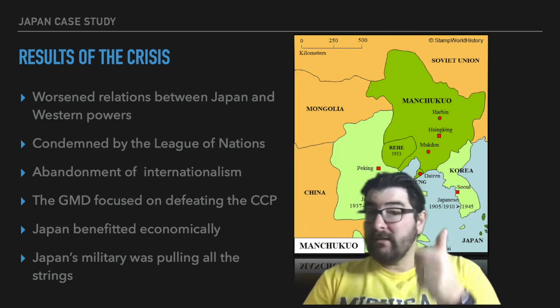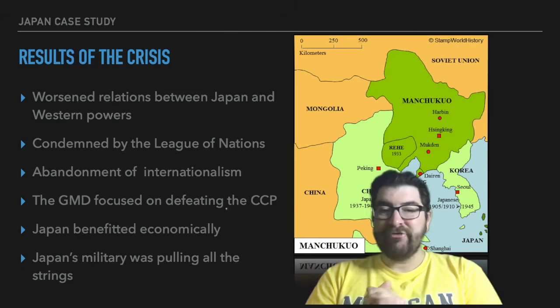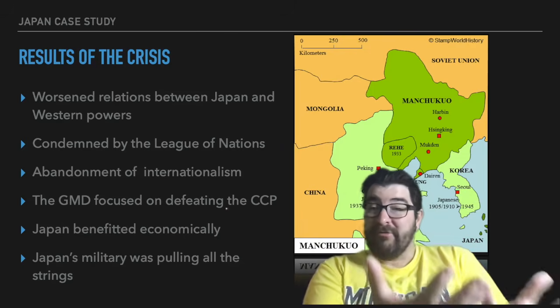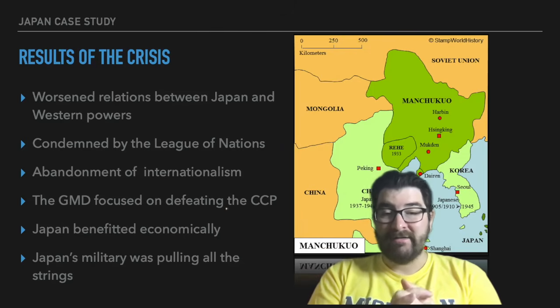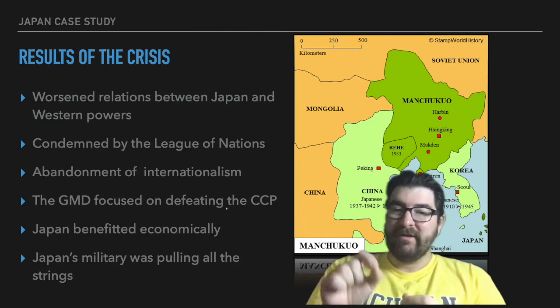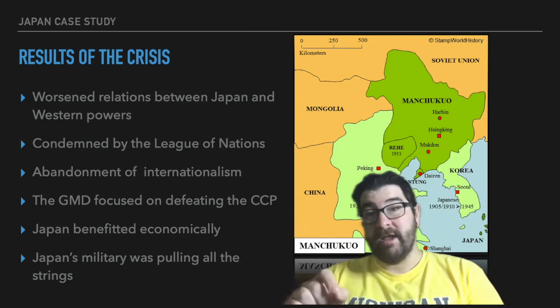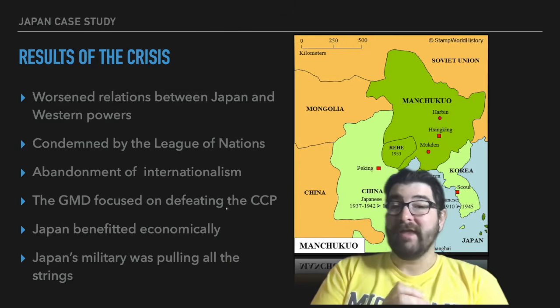The GMD will focus on defeating the CCP in China. Japan absolutely will benefit from the resources that Manchuria can provide it, and we now definitively see that Japan's military was pulling the strings of the democratically elected government and even the emperor.